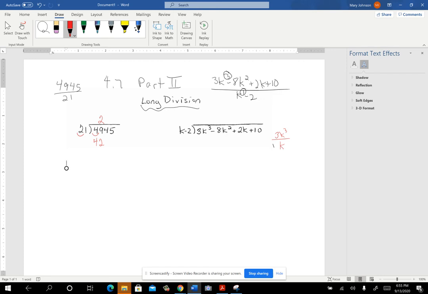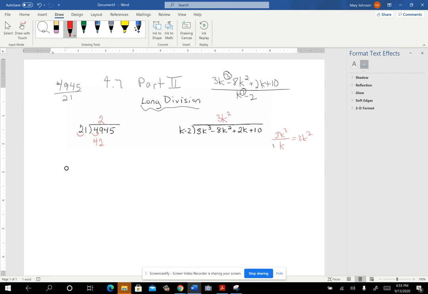Sometimes when you're dealing with polynomials, the ones with the variables in them, it helps to see that scratch work, because then you can see how one of the k's is going to cancel out and you'll just get a 3k squared. That's what 3k to the third divided by k would be, okay? So I'm going to do what I did on the numerical one, and write that over a space, and notice I'm lining it up with the k squared term.